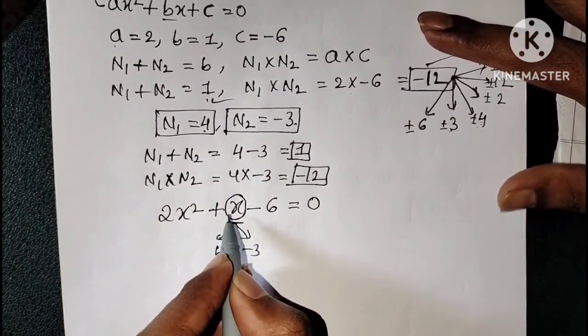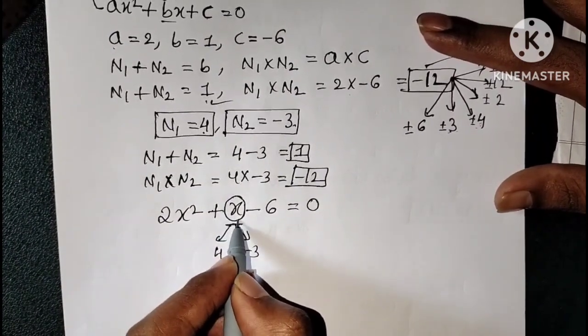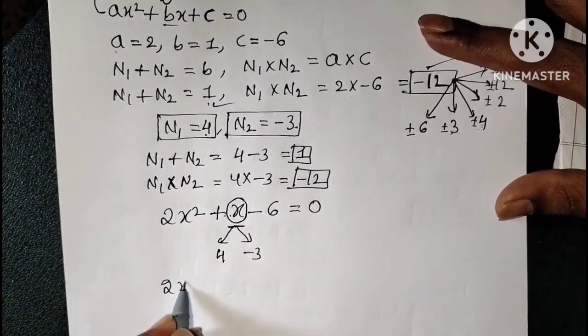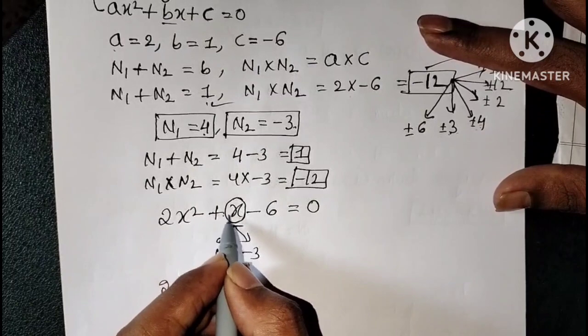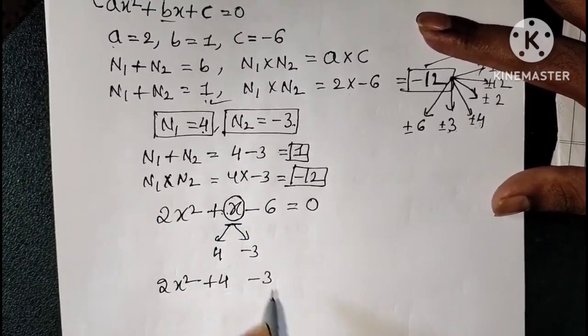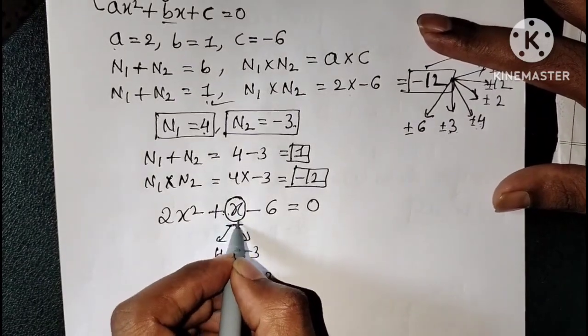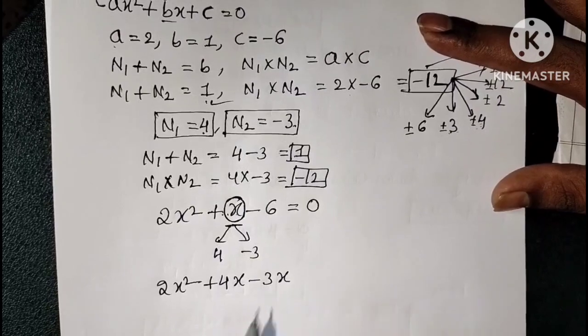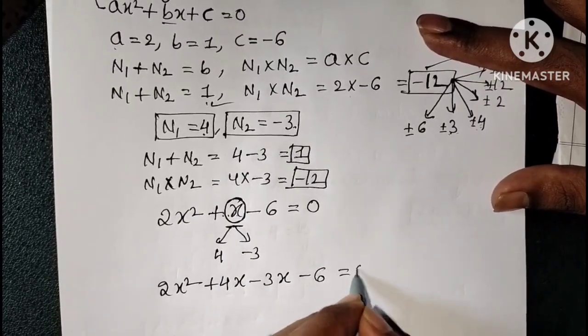So here x, 1x, here coefficient of x is 1. So 1x can be written as, using n1 and n2, దీన్ని ఎలా రాయొచ్చు? 2x square plus, coefficient of x is 1. 1 can be written as plus 4 minus 3. So anyhow here variable is x. So we can write x as 4x minus 3x minus 6 equals to 0.